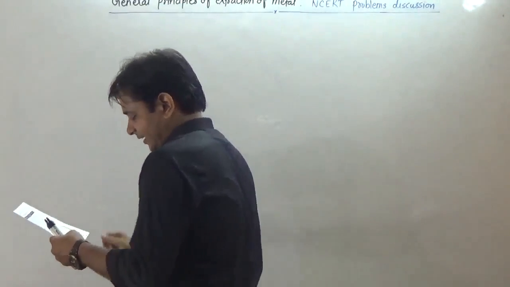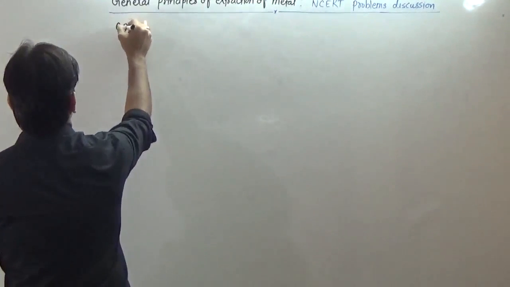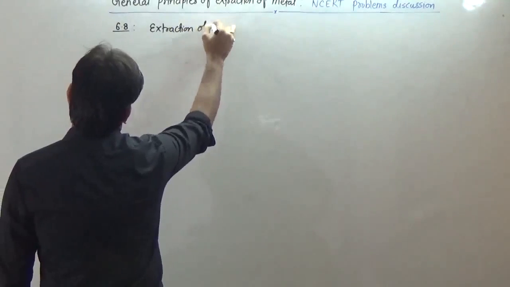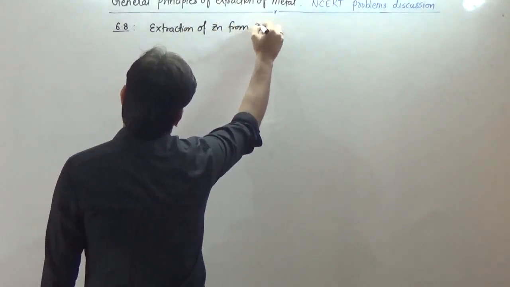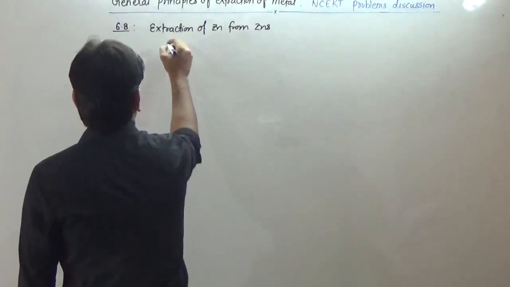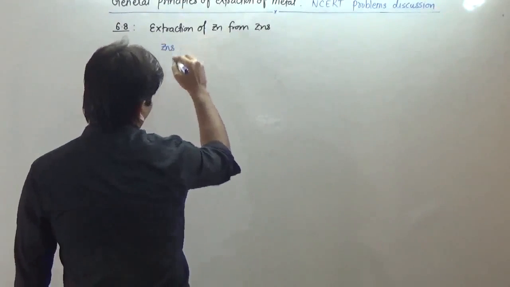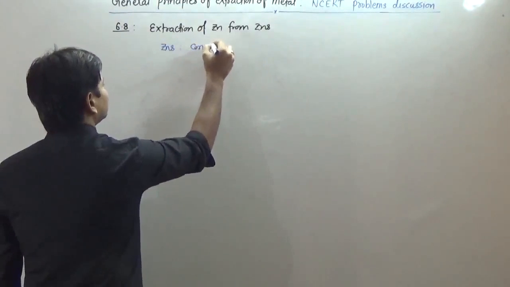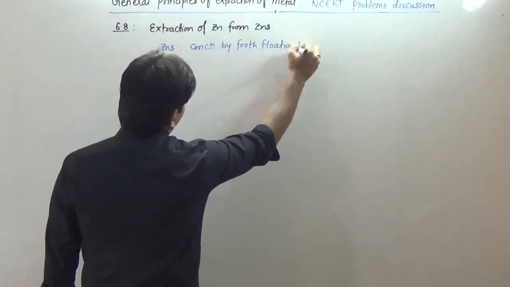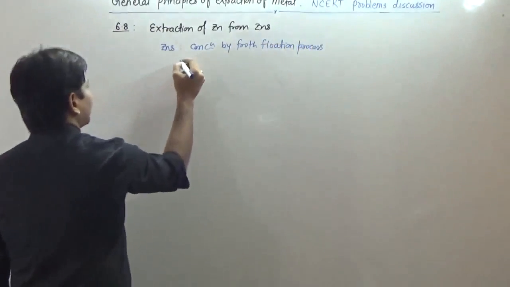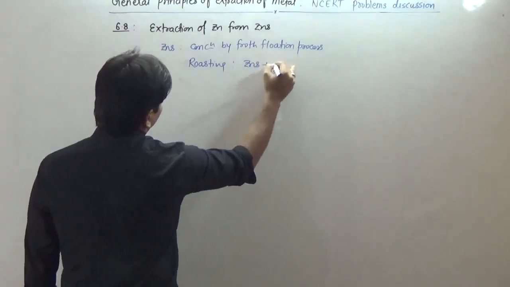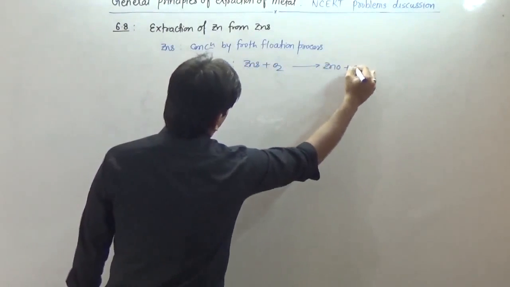The next question is 6.8, in which we have to write the extraction of zinc from ZnS. ZnS is first concentrated by the froth flotation process, and then the second step is roasting, in which ZnS converts into ZnO plus SO2.